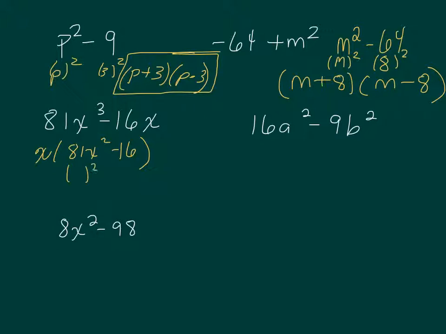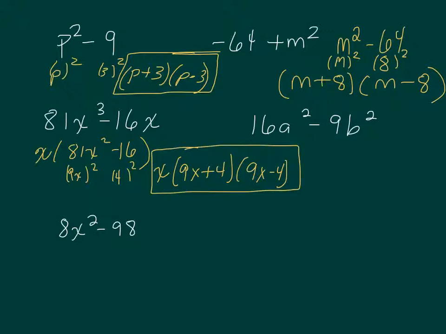What do I square to get 81x squared? Well, 9 times 9 is 81, and x times x is x squared, so it's 9x. And what do I square to get 16? 4. So this is going to be 9x plus 4, 9x minus 4. And you know what? I can't forget about my little buddy x there, so x has to come over, and this is the full factored form. Go over here and box that one in too.